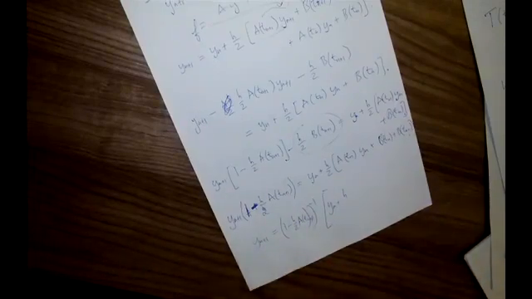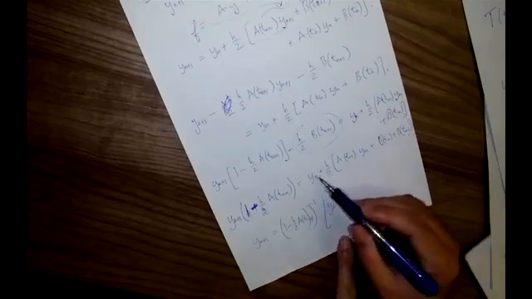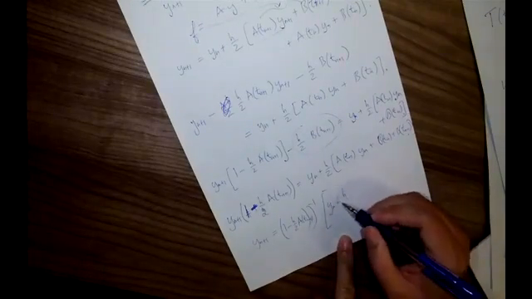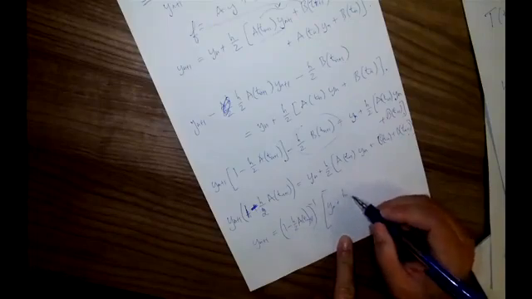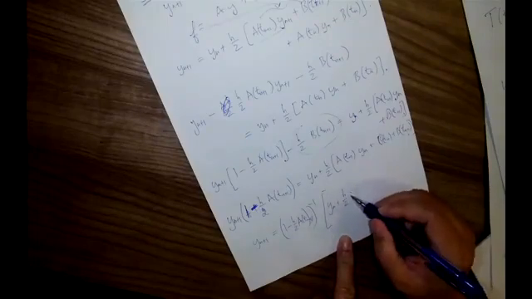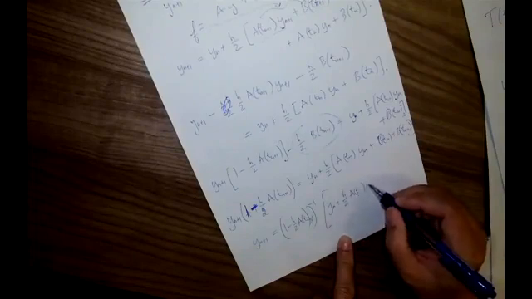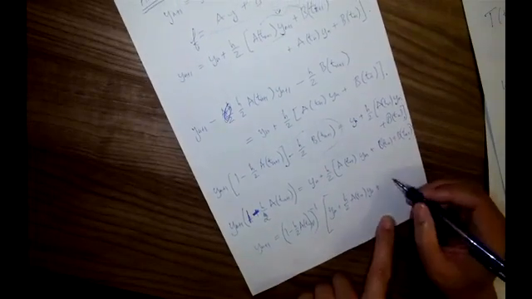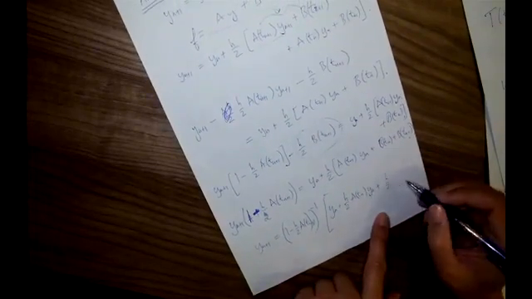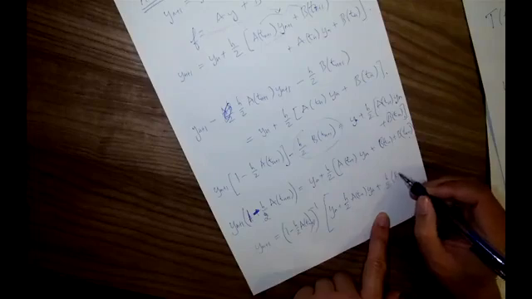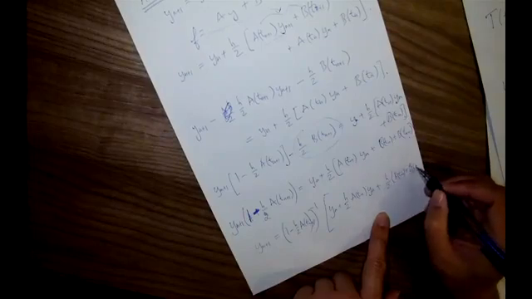Essentially I get this one because I combine this term and this term. So I got y_n, h over 2 a(t_n) y_n, and plus h over 2 b(t_{n+1}).